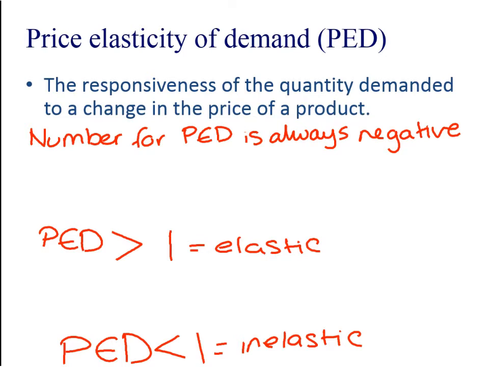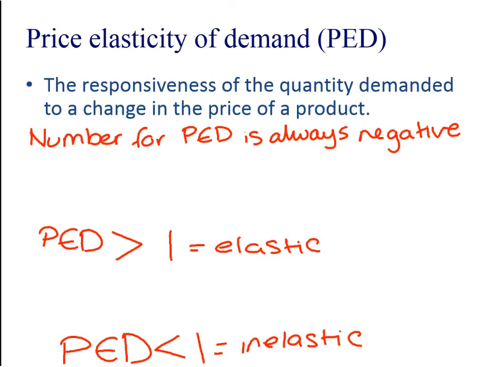Okay, so when we're looking at PED, a certain type of elasticity, we're looking at the responsiveness of the quantity demanded to a change in the price of the product. Now because demand is downward sloping, when there's a high price, there's a smaller quantity demanded than when there's a lower price.